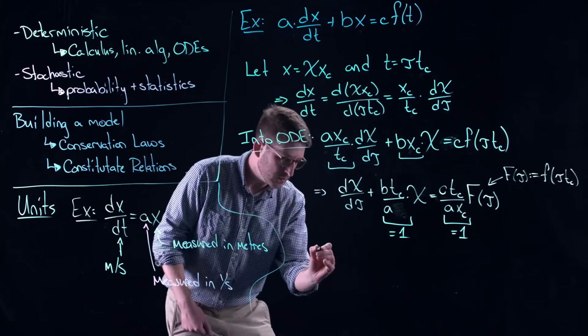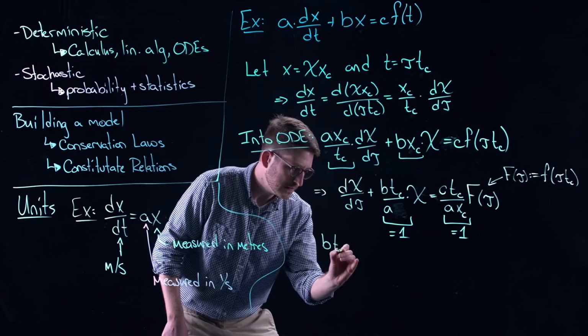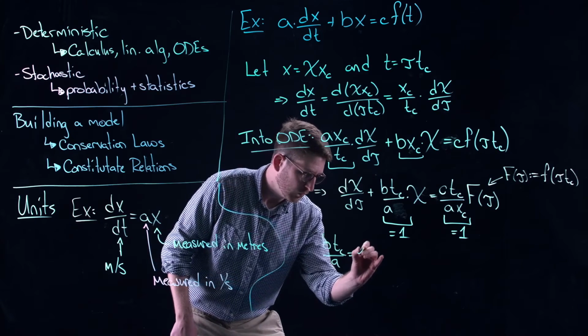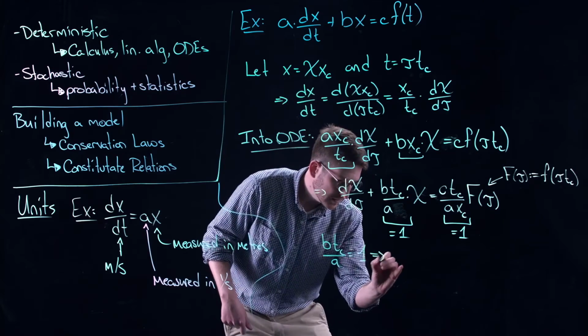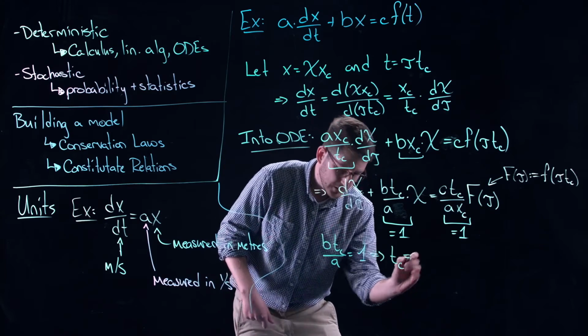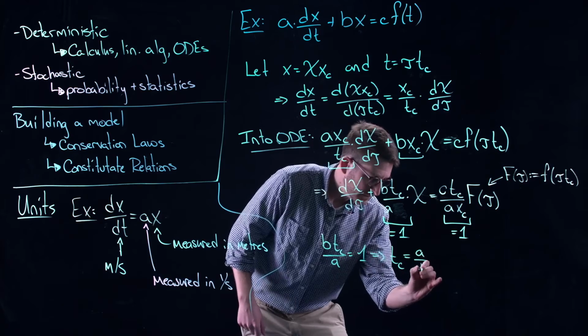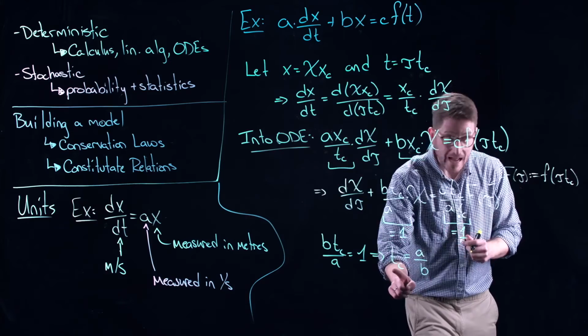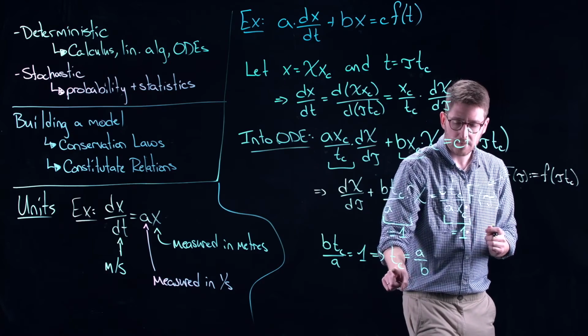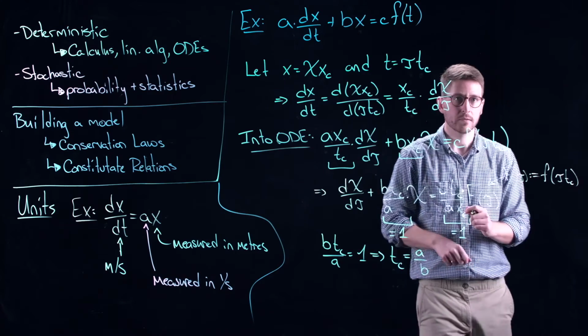So the first equation we get is b times tc over a is equal to 1. Remember, a and b are given to you. So this tells me that I need to choose tc to be a over b. A and b are given to me. And so that means that the natural time scale is measured in a over b.